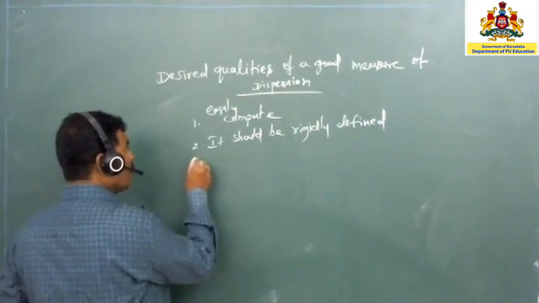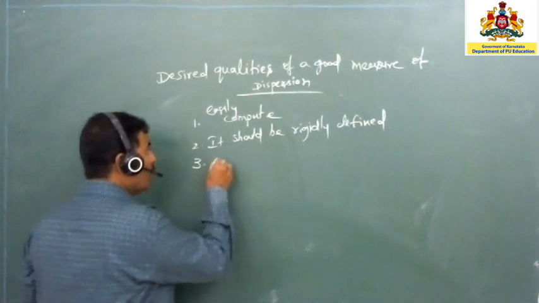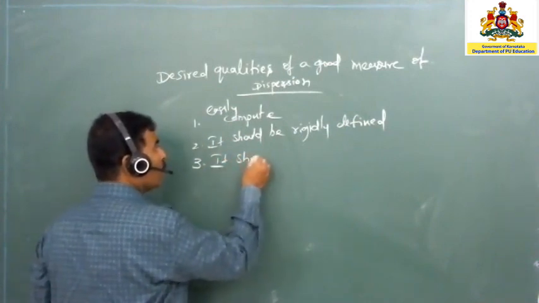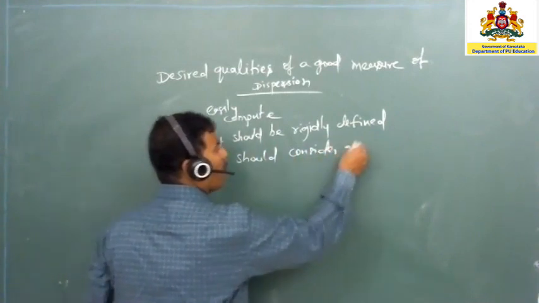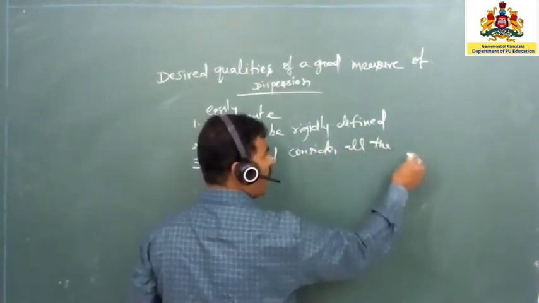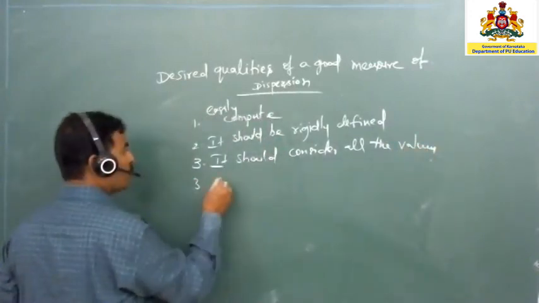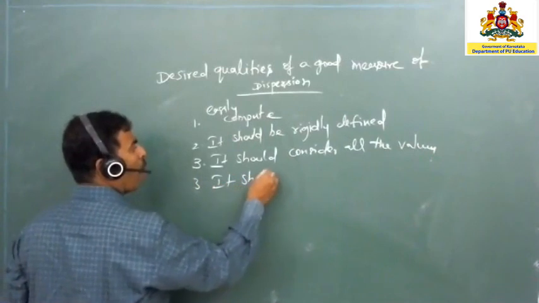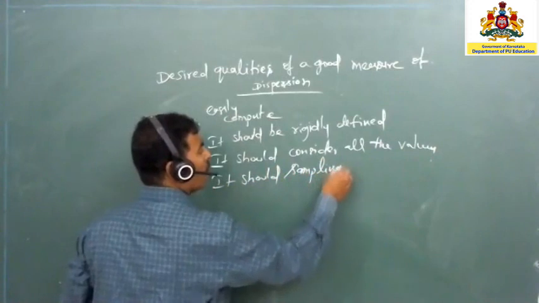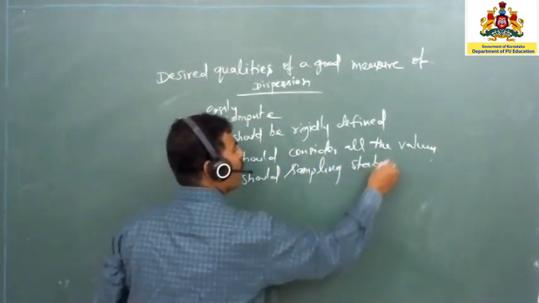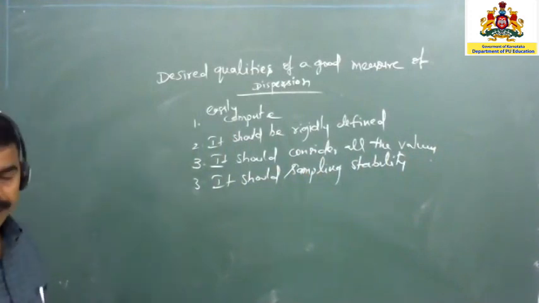So it should be strongly, mathematically defined. It should consider all the values in the calculation. Then it should possess sampling stability.